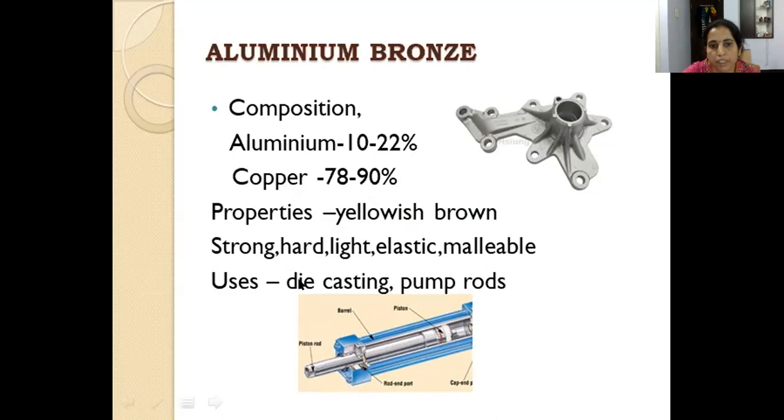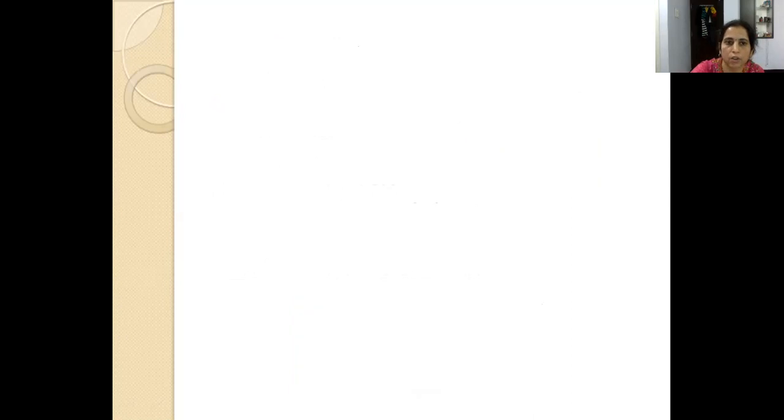It is yellowish brown, strong, hard, light, elastic, and malleable. It is used in die casting. Die casting is nothing but casting of metals in the molten form in molds. It is also used in pump rods. So this is the second alloy.